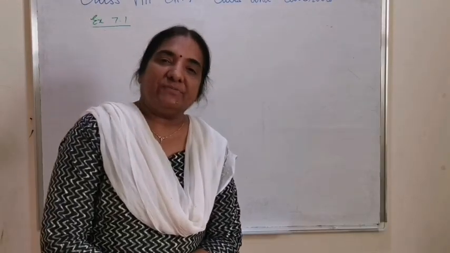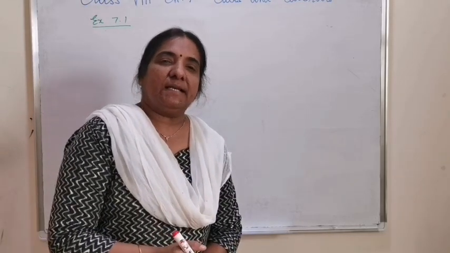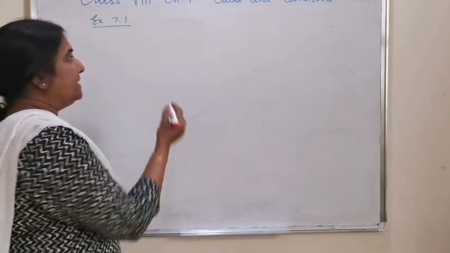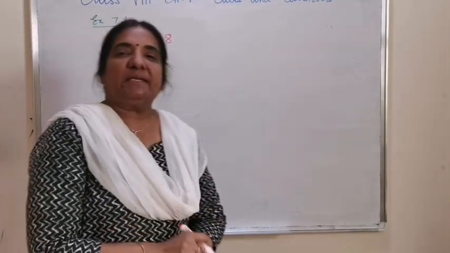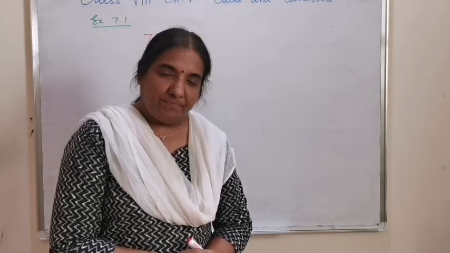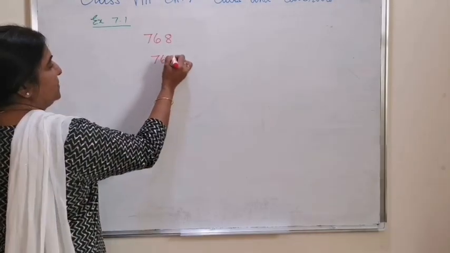As an extra question of this pattern, find the least number to be multiplied with 768 to make it a perfect cube. The procedure is normal prime factorization.